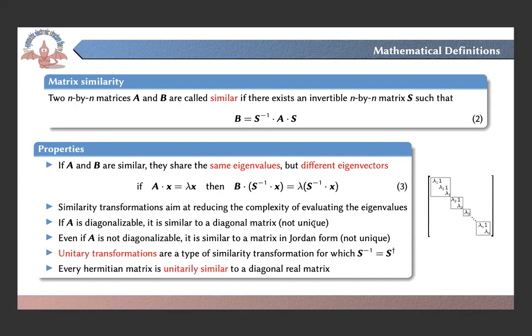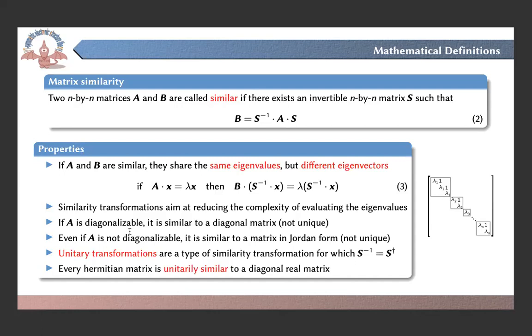For people who don't remember, a Jordan form is an almost diagonal, upper triangular matrix where you still have ones in those blocks. So you can approach a diagonal matrix, but not quite, but it is much easier to diagonalize than the original matrix.